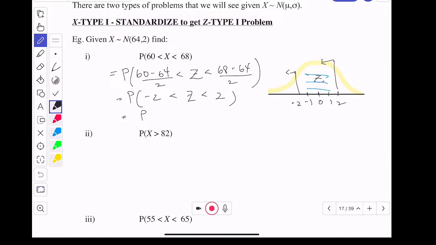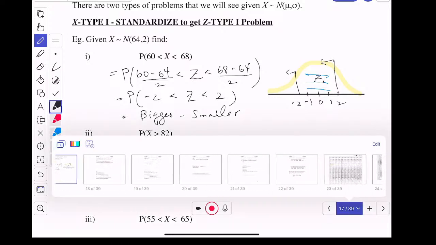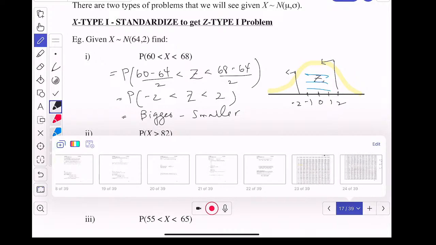And then we take the bigger one minus the smaller one.